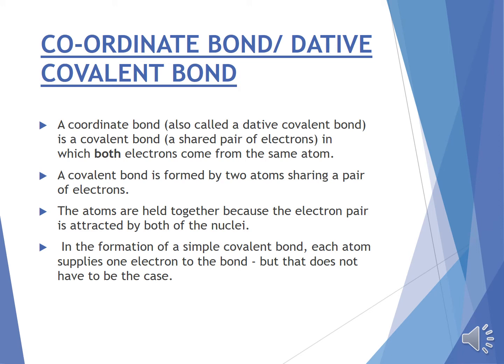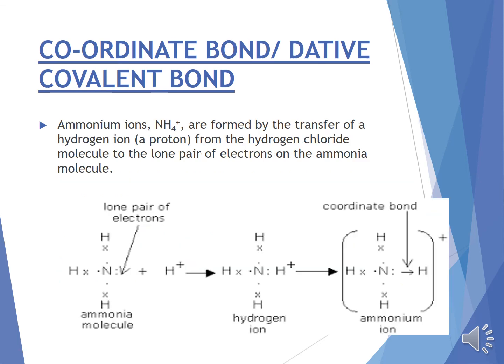Therefore, it is also called a coordinate bond. The atoms are held together because the electron pair is attracted by both the nuclei. In the formation of a simple covalent bond, each atom supplies one electron to the bond, but that does not happen in this case. Here we will observe the ammonium ion.